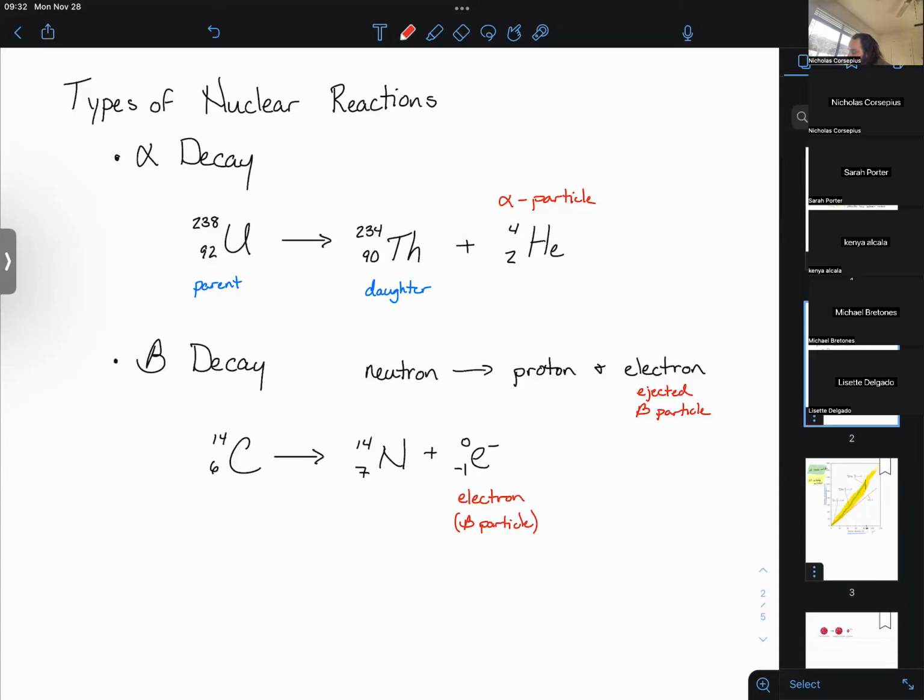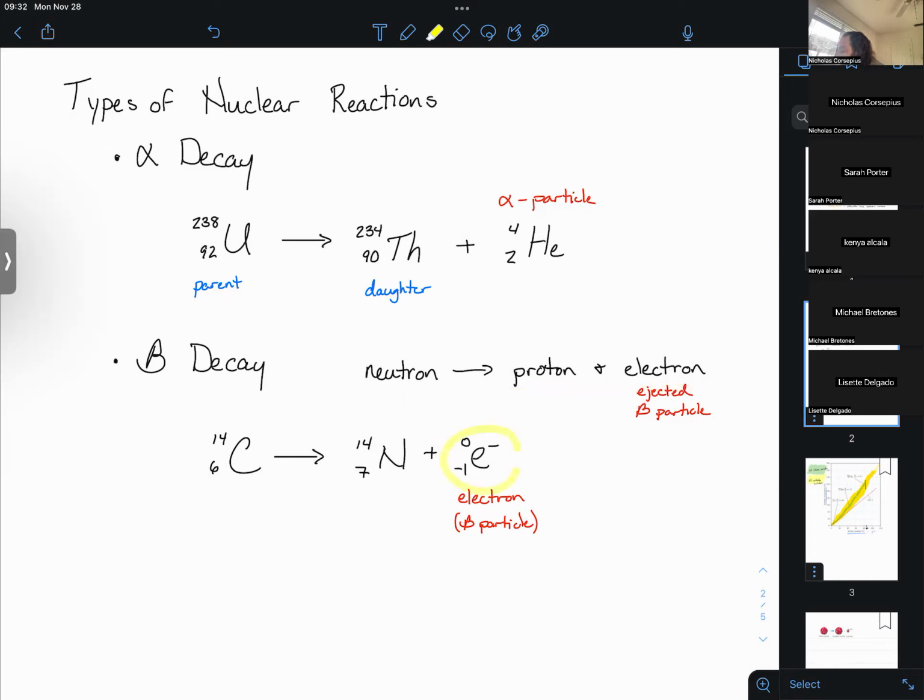Importantly, the one thing I want to stress here is that beta decay is not any time an atom loses an electron, right? Like a sodium atom will lose an electron to become a sodium ion. It's specifically when the neutron becomes a proton and an electron, and that electron gets ejected, right? So that's kind of the key.